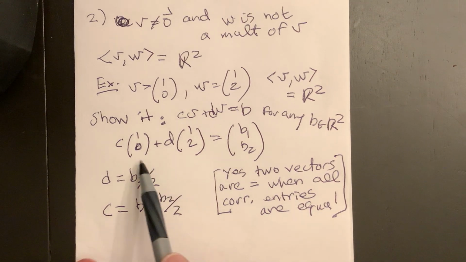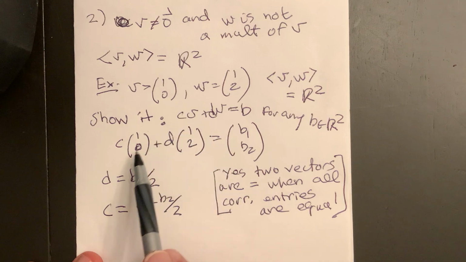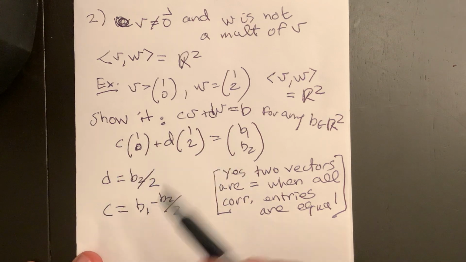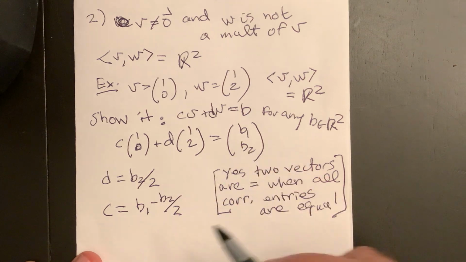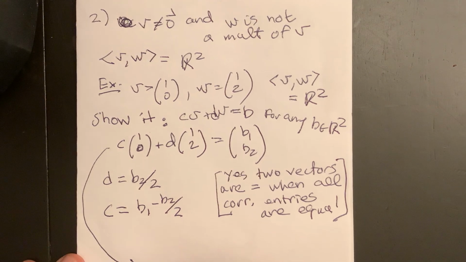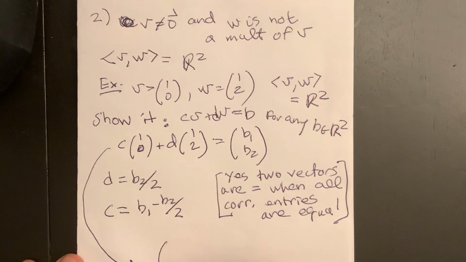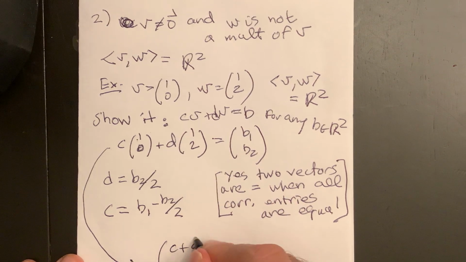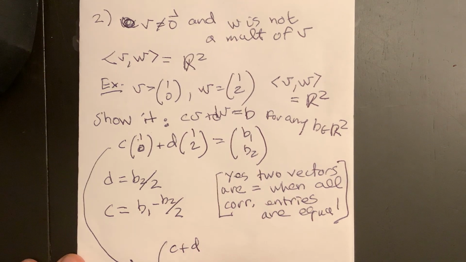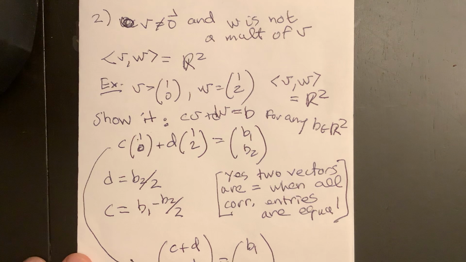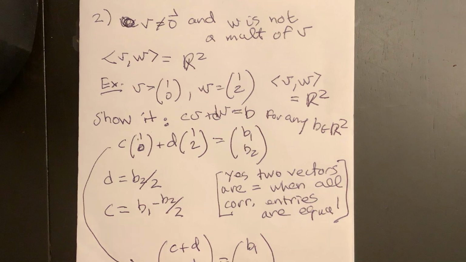So I needed that when I added these together, which I do by first multiplying and then adding them together, it is equal to this, right? If I were to take more steps here, the top entry would be c plus d, and on the bottom I would have 2d. And then you can see that, yes, this is true if d is set equal to b2 over 2.